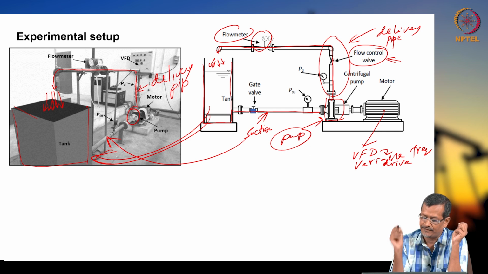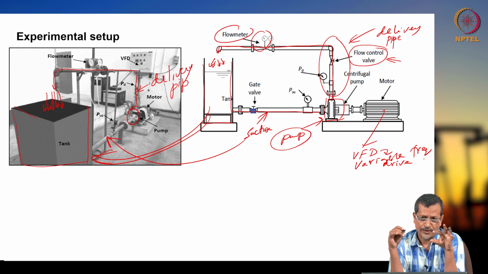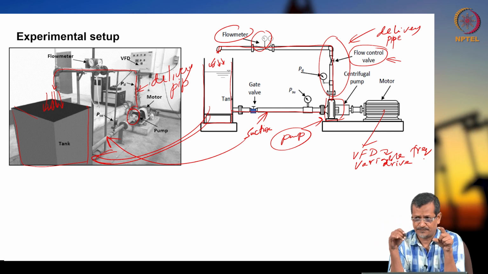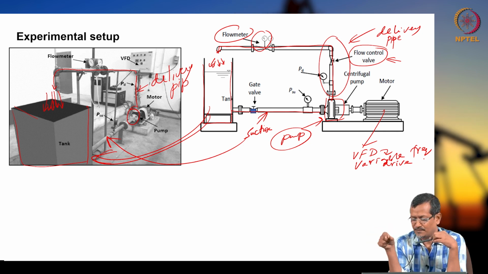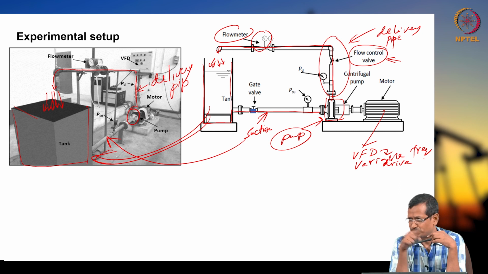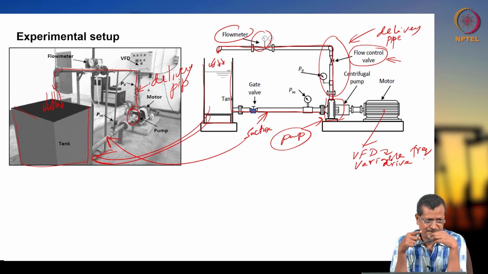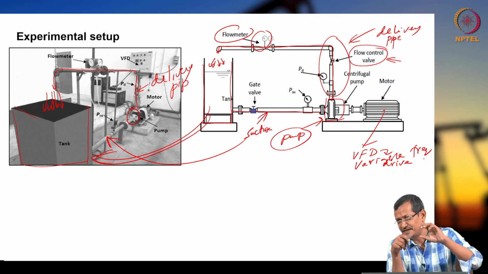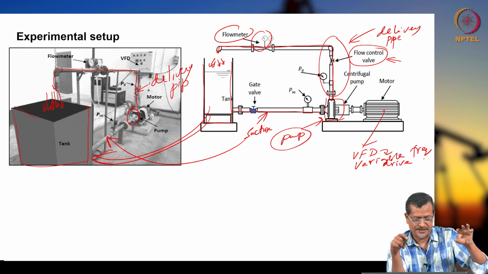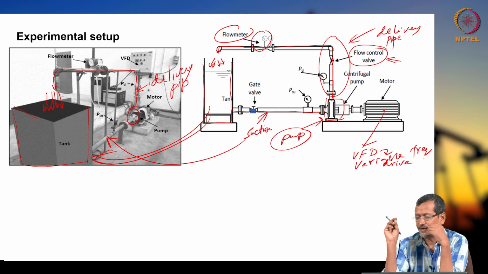We use a variable frequency drive because we wanted to check with different RPM also. If I change the frequency of electricity, then my motor speed will change. Motor speed change means pump impeller rotation will change. So impeller rotation is directly linked with my flow rate. If I change speed, my flow rate will change. That's why we purchased the VFD.